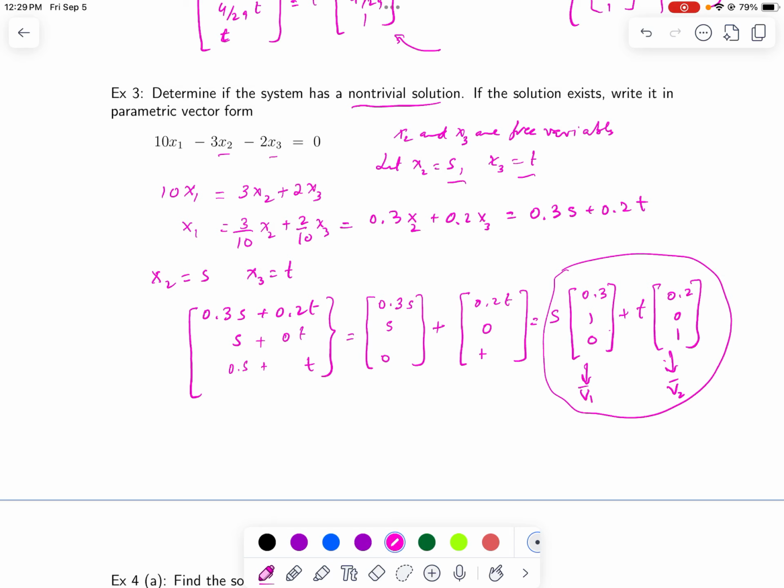So what is this geometrically? Geometrically, the solution is a plane in R3.